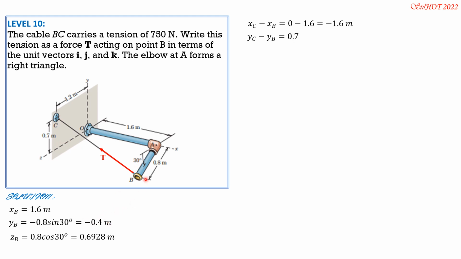YB is negative 0.4, so 1.1. Then Z sub C is 1.2, positive, minus 0.6928 Z sub B. So it is 0.5072.